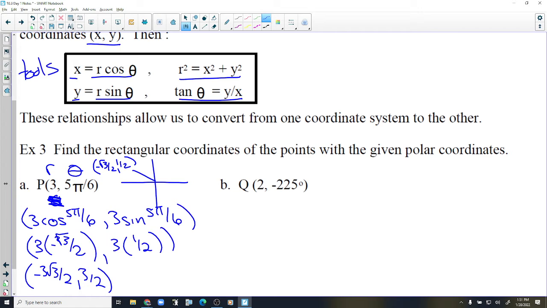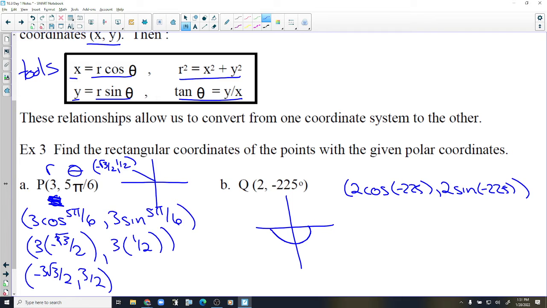You could have degrees also, no different though. 2 cosine of negative 225, 2 sine of negative 225. So negative 225, here's negative 180, and another 45. That puts you right here. So 2 times negative square root of 2 over 2, 2 times square root of 2 over 2.